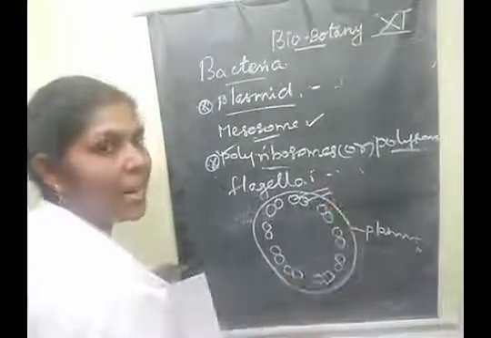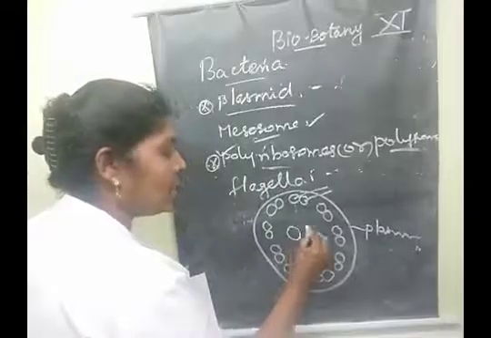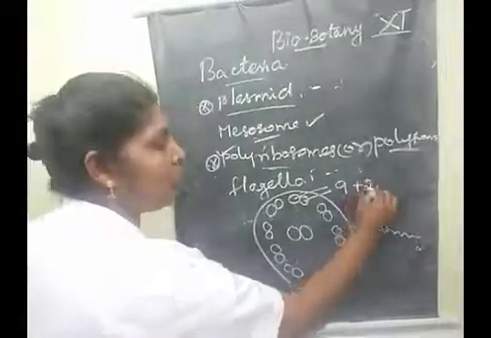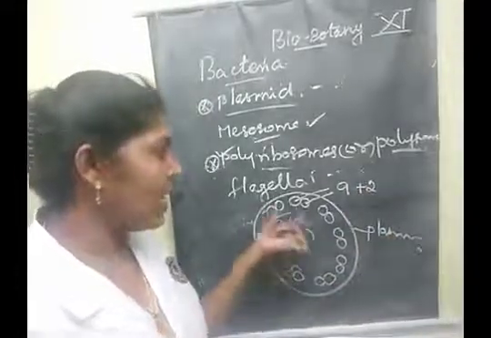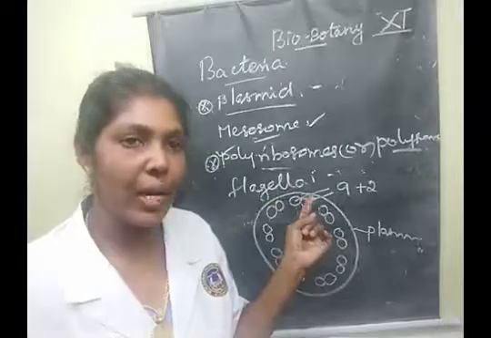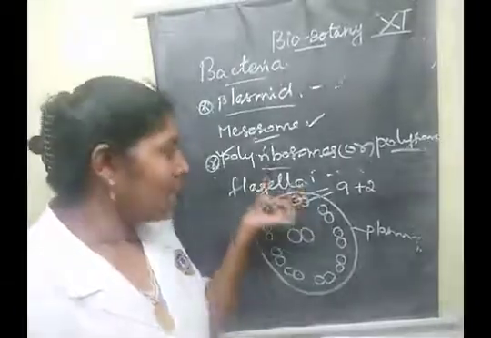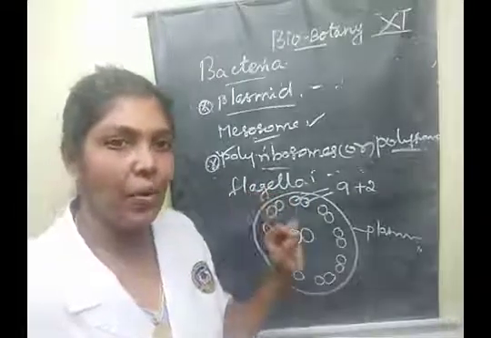This is the A tubule and this is the B tubule, the doublet tubules, plus the center, which also has 2. So this is the 9+2 microtubule arrangement. Understood, children? This is the nature of the flagellum in eukaryotic organisms. Each flagellum arises from a single fibril.